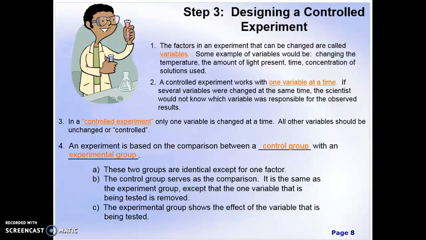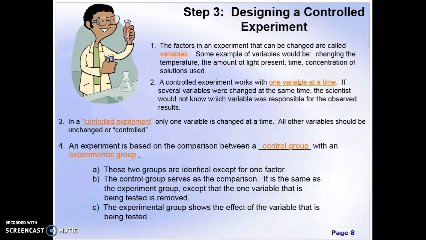A controlled experiment works when we're changing one variable at a time. We don't want to change a bunch of things. So if my experiment is I want to see how high a ball bounces if I drop it from a meter, and then I want to see how the bounce height is affected when I raise the ball up to 2 meters, I can't also change the type of ball, because the second ball might be more or less bouncy anyway.